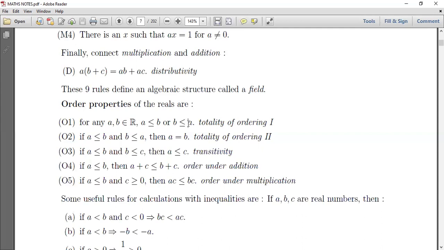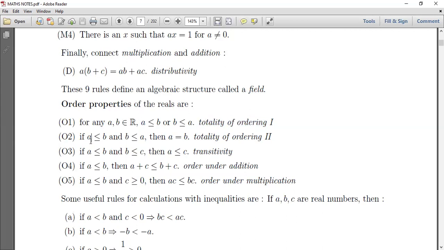If A is equal to B, the two are equal numbers, like 10 and 10. But if I've got two different numbers, 9 and 10, or 7 and 10, one is always bigger: A is bigger than B, or B is bigger than A, or A is smaller than B, or B is smaller than A. This rule is called the totality of ordering one.